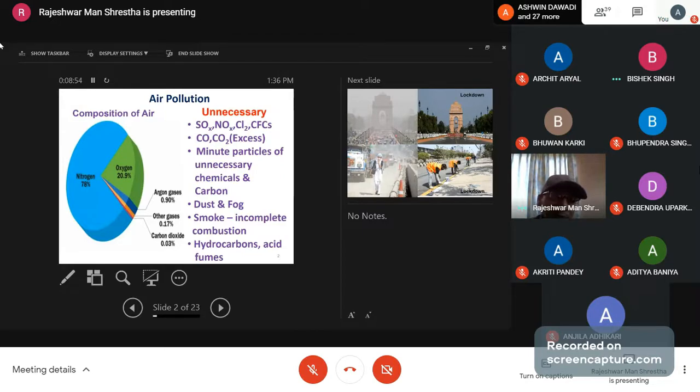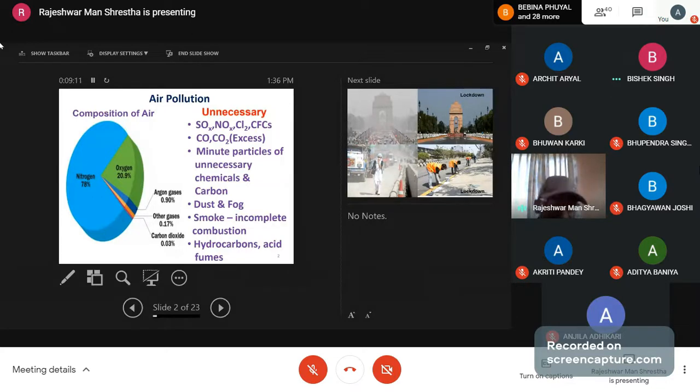If they are present, the air is suitable for breathing: nitrogen, oxygen, argon 0.9 percent, and other gases. They include xenon, krypton in a small amount, and carbon dioxide not in large amount, only 0.03 percent.